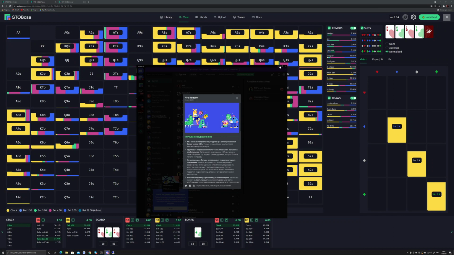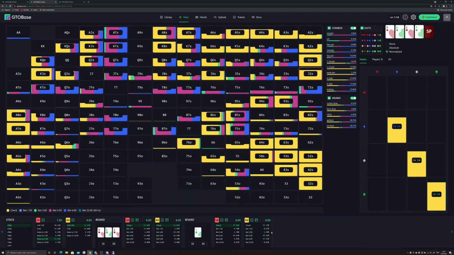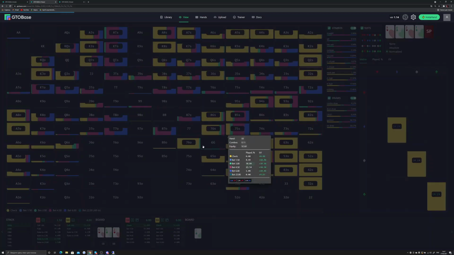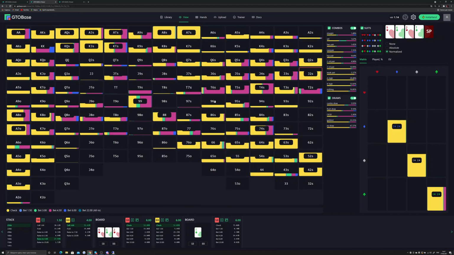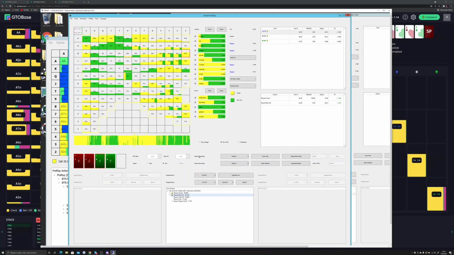But anyway, we still should have a good idea of how GTO strategies look like. We should know value thresholds, bluff thresholds. But of course, in reality, I would not strictly follow GTO. I would prefer one of two strategies in this spot, for example.